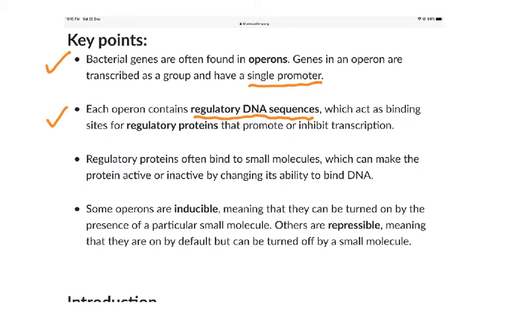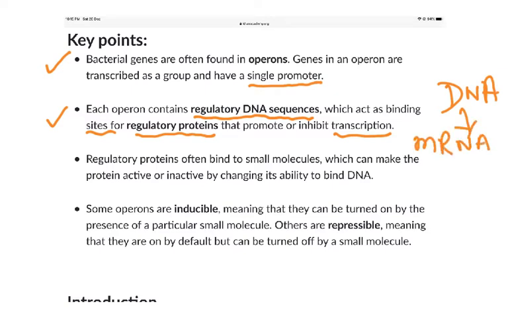The switch is going to just switch on the fan, but your regulator is either going to have it going at a faster speed or a slower speed. So each operon contains regulatory DNA sequences which act as binding sites for regulatory proteins that promote or inhibit transcription. You know what transcription was? Transcription was DNA to mRNA.